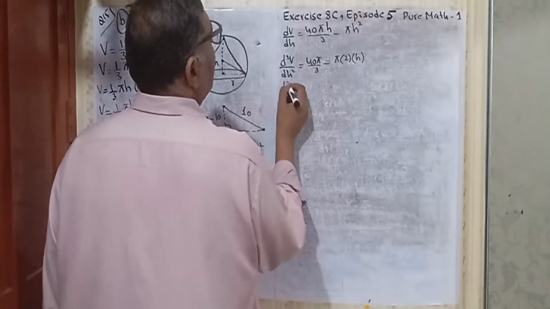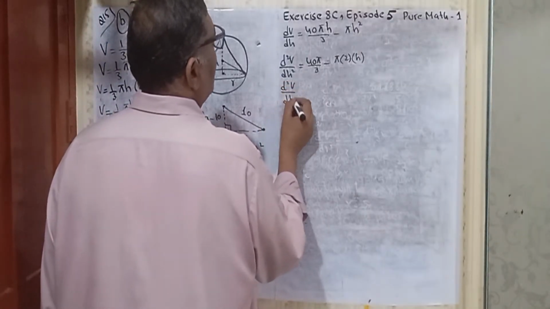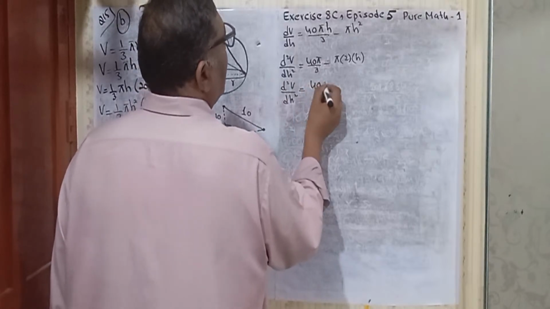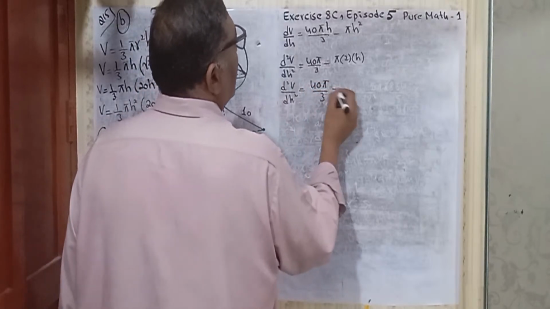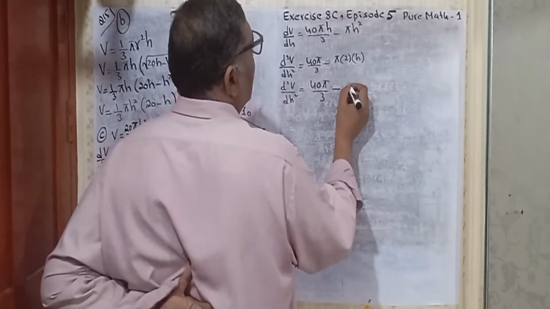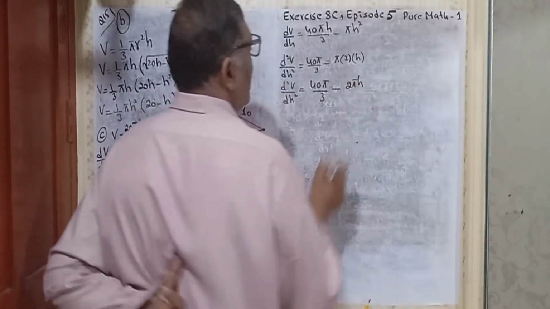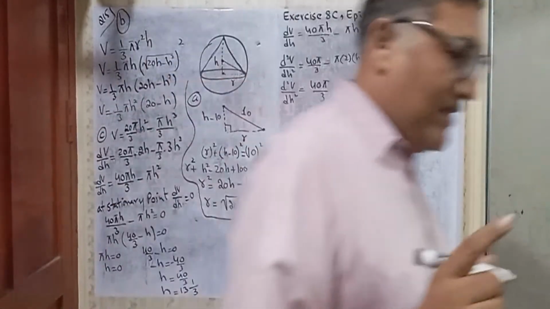So d²V/dh² equals 40π/3 minus 2πh. This is my second derivative.